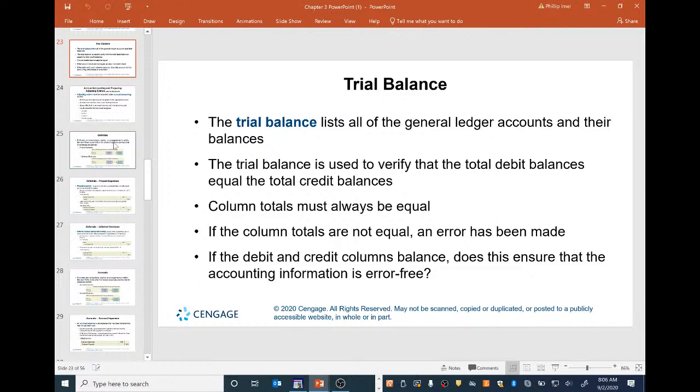Once again, it says here the trial balance is used to verify that the total debit balances equal the total credit balances. So the column totals must always be equal, right? If they're not equal, an error has been made. And it says here, if the debit and credit columns balance, does this ensure that the accounting information is error-free? What do you think on that? Even though the debits equal credits, does that ensure that there's no errors?